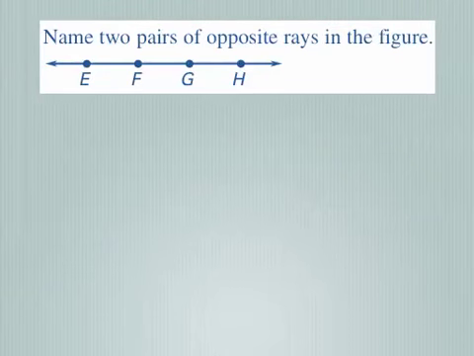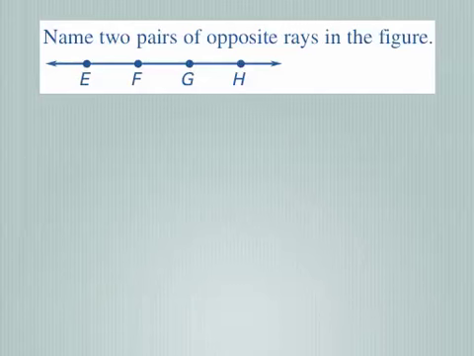The next example asks us to name two pairs of opposite rays in the figure. One set of opposite rays, if you look at the points, remember we need 2 points to name a ray. So I need to start at point F. One ray extending off of F would be to the left, which would be ray FE, and then to the right, which you could either name that ray FG or ray FH.